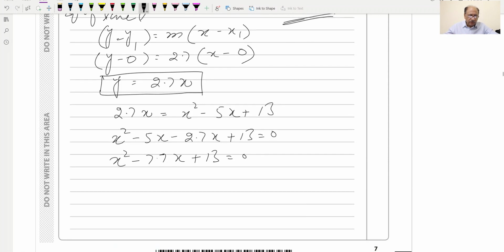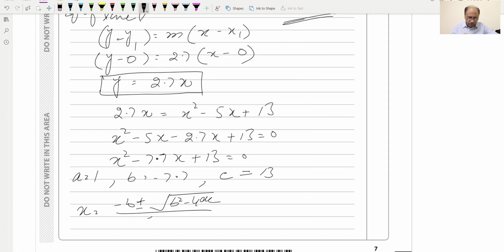Now we can apply the quadratic formula. So a is equal to 1, b is equal to minus 7.7, and c is equal to 13. So x is equal to minus b plus or minus the square root of b squared minus 4ac, over 2a.